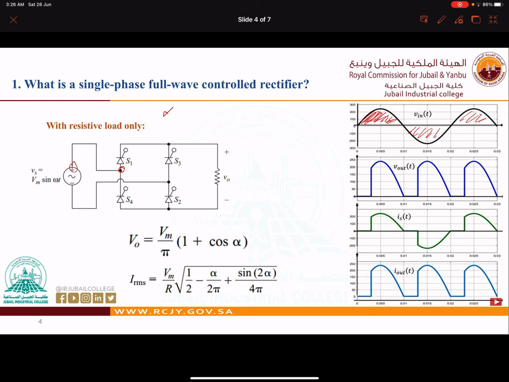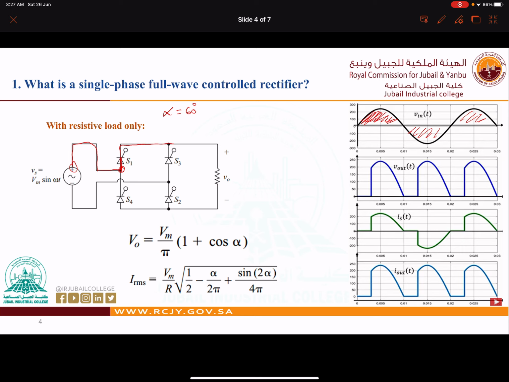We need alpha to be 60 degrees in order to switch on the thyristor. So we need to trigger S1 and S2 at 60 degrees. Once triggered, current will pass from the positive terminal through S1, because S1 is now forward biased.